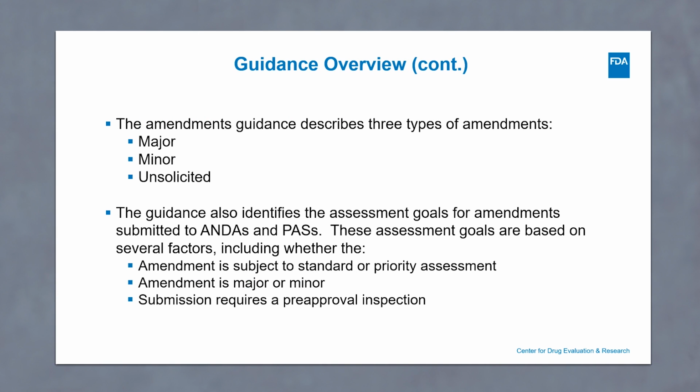The amendments guidance provides a description of the three types of amendments: major amendments, minor amendments, and unsolicited amendments. The guidance also identifies the assessment goals for amendments submitted to ANDAs and PASs, which are based on several factors, including whether the amendment is subject to standard or priority assessment, is major or minor, and whether the submission requires a pre-approval inspection.